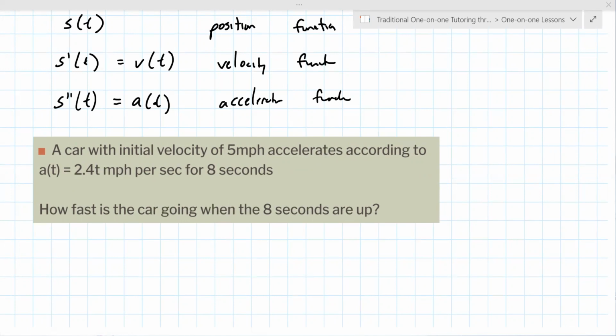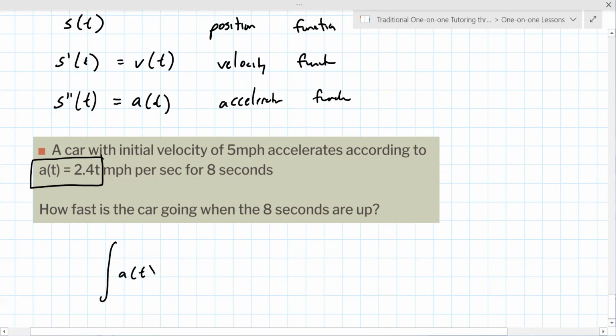Okay. So they're giving you the acceleration function. If you integrate acceleration, that's like going backwards. Do you see that you get velocity from that? Mm-hmm. Okay. So we're going to integrate this function.